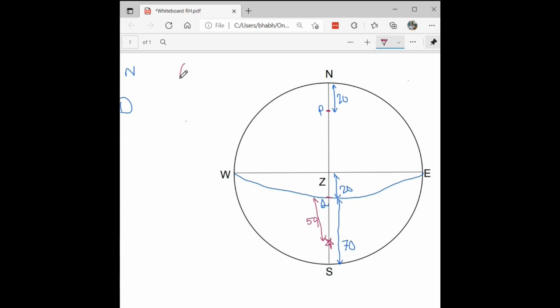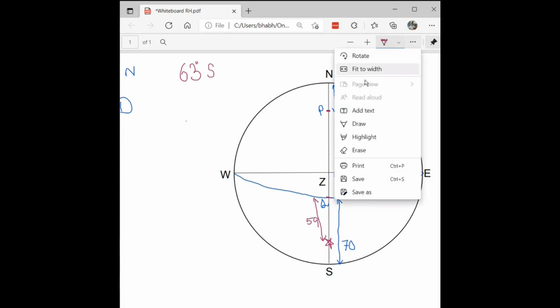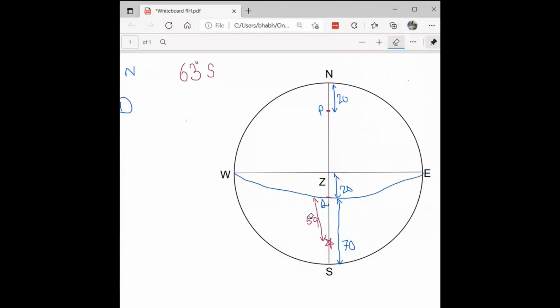Okay, let me pick up the degrees figure. 63 degrees south is the declination of Acrux. So let's erase the first star. Our observer is at 20 degrees north. So that's why the pole, the Q point, this 20 degree, 70 degree remains exactly like this.